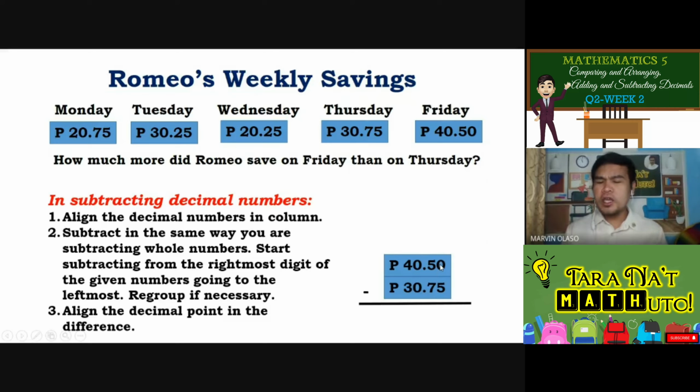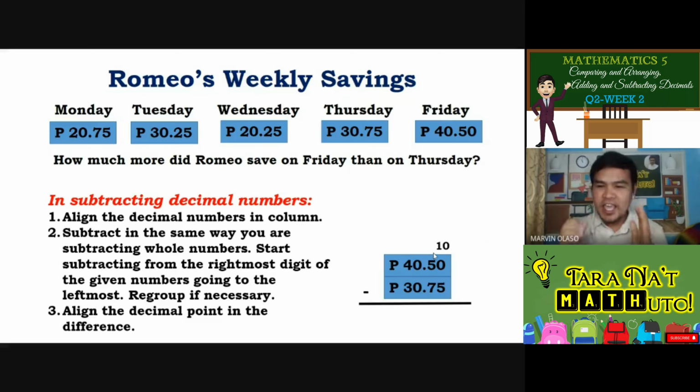Since 5 cannot be subtracted from 0, we will regroup 0 hundredths by getting the value in the tenths place. So we have 5 tenths, so we will get 1 tenth. So we will have now 10 hundredths. Actually, it's the same value.